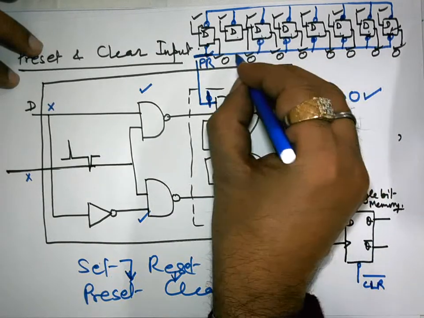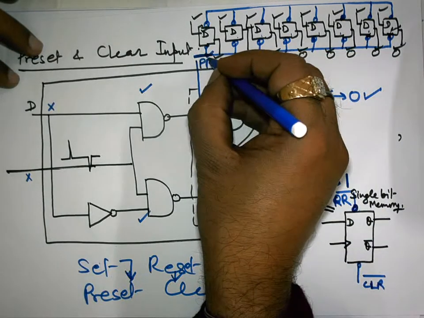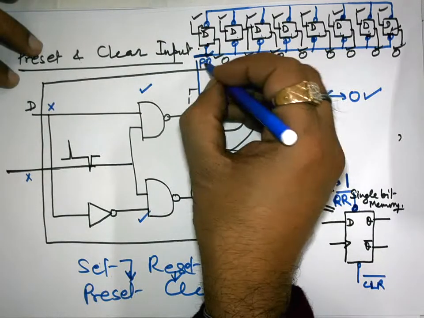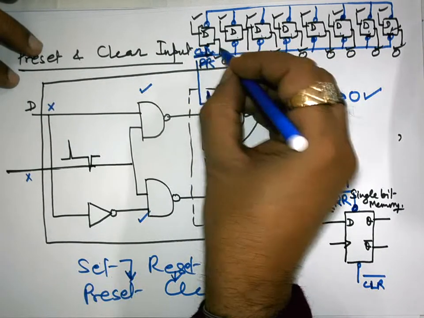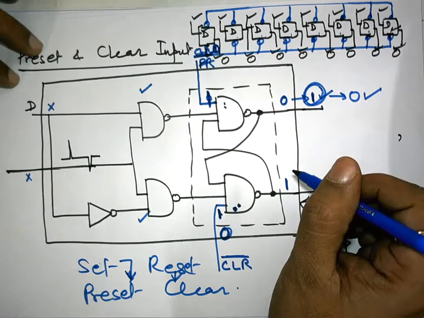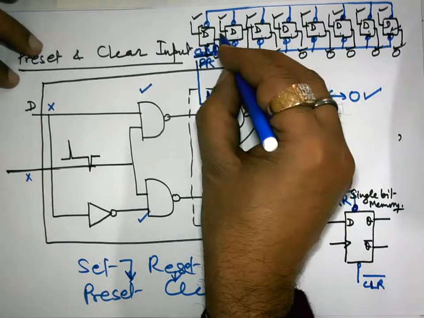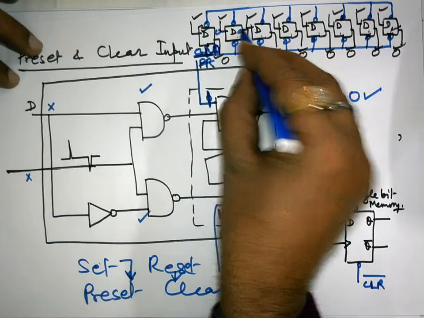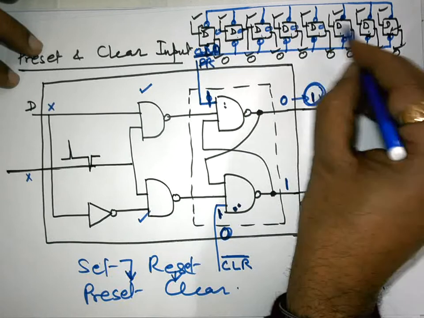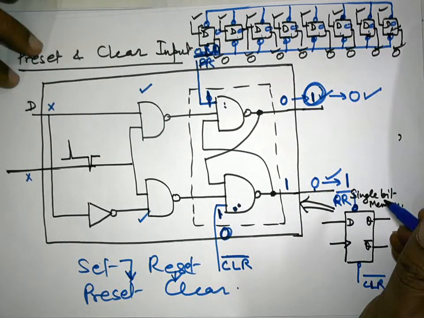So suppose I wish to format my memory, I will apply 0 at the clear input, and when I apply 0 at the clear input, it will make the output of all the D flip flops equal to 0. This way my memory is formatted in a single attempt.